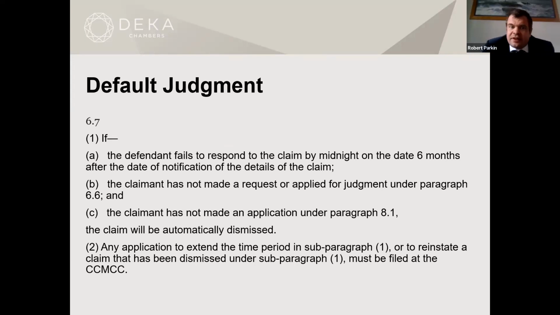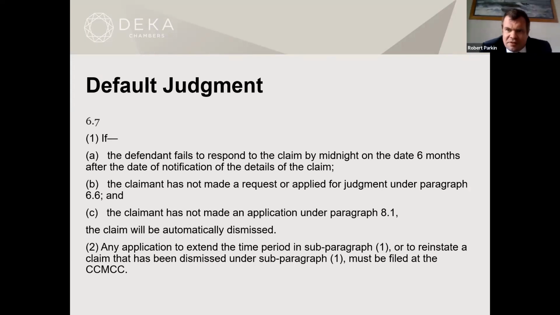6.7: if the defendant fails to respond to the claim by midnight on the date 6 months after the date of notification of the claim, and the claimant has not made a request or applied for judgment under CPR 6.6. So if you've got a defendant who has not replied and a claimant who hasn't sought default judgment, and the claimant hasn't made an application for the claim to come out of the DCP, which we'll come to, then the claim is automatically dismissed.